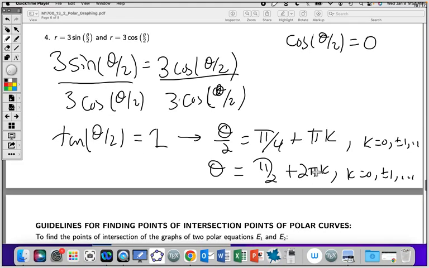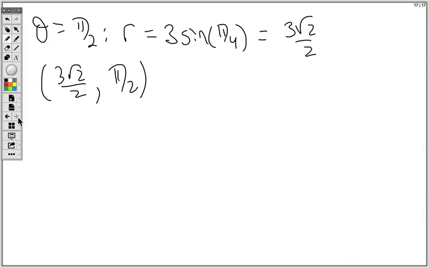If I added a 2 pi or subtracted a 2 pi, let's say I'd have theta equal 5 pi over 2.